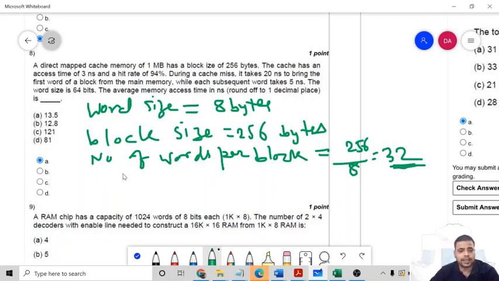Now next we have to calculate the average memory access time.